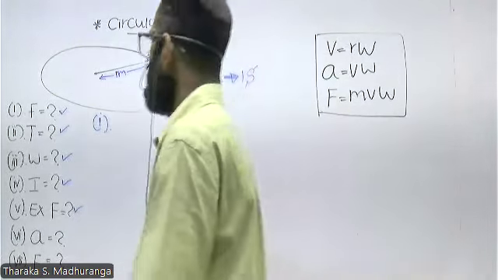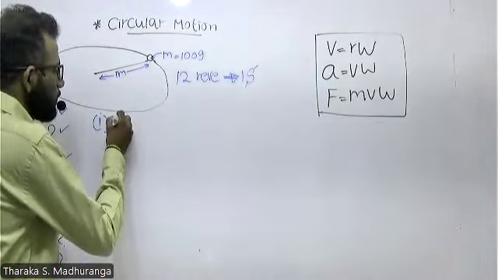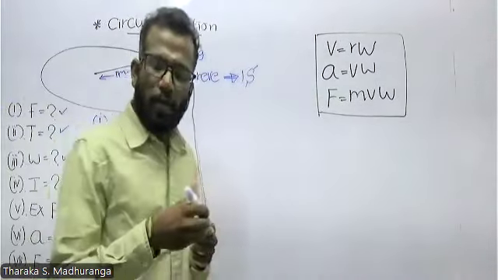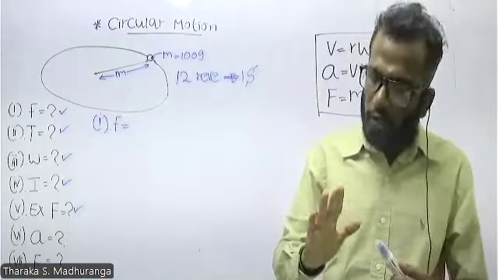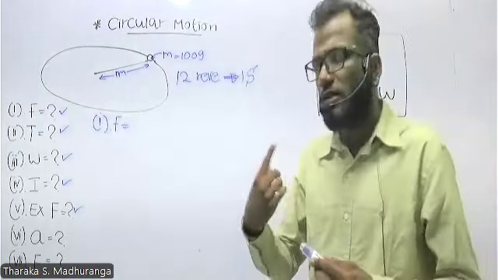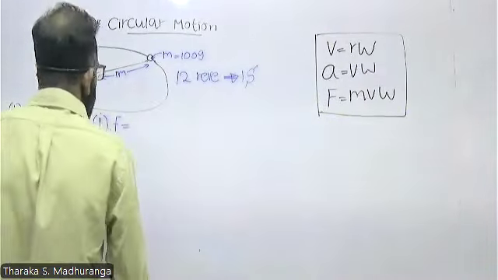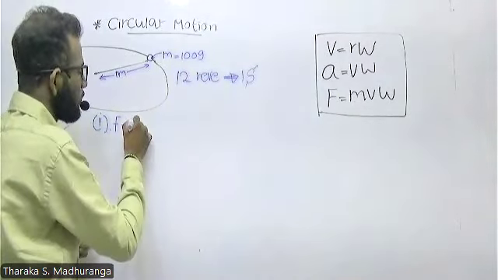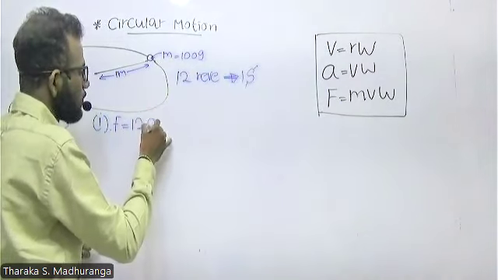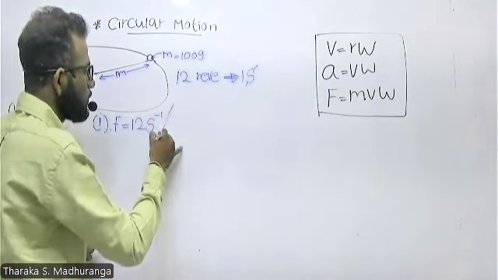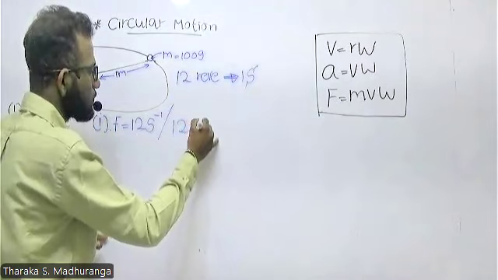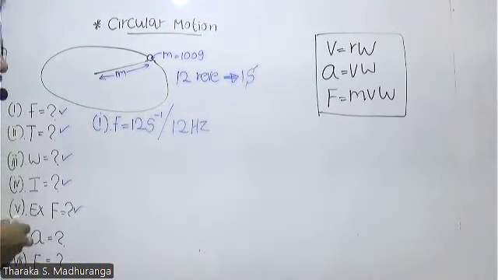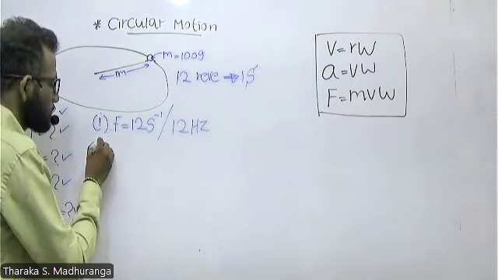Frequency means the number of revolutions within unit time, that means within 1 second. The question gives 12 revolutions within 1 second, so the frequency is 12 per second or 12 hertz.